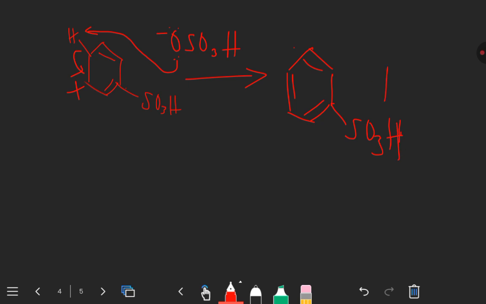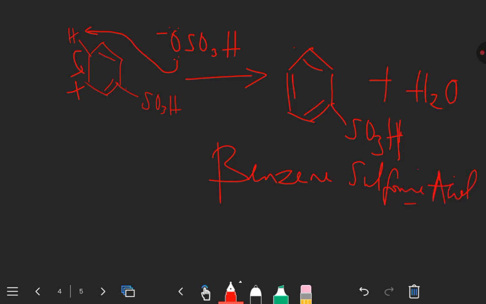Remember, in this reaction we also formed water. So water will be the other product which was formed. So this is now our benzene sulfonic acid. So this is our product which we have now formed.